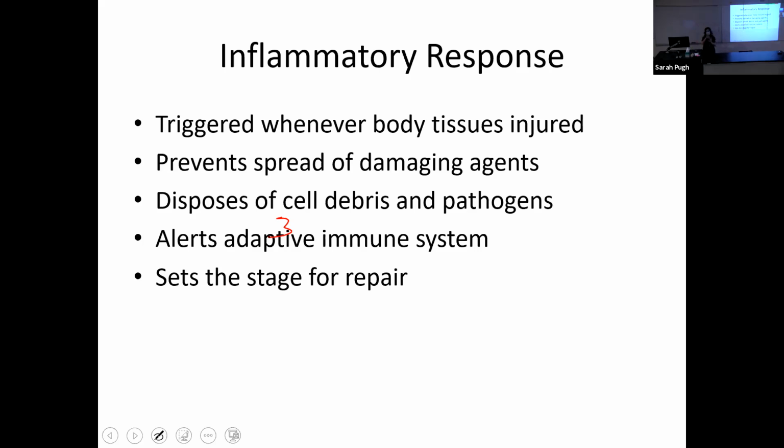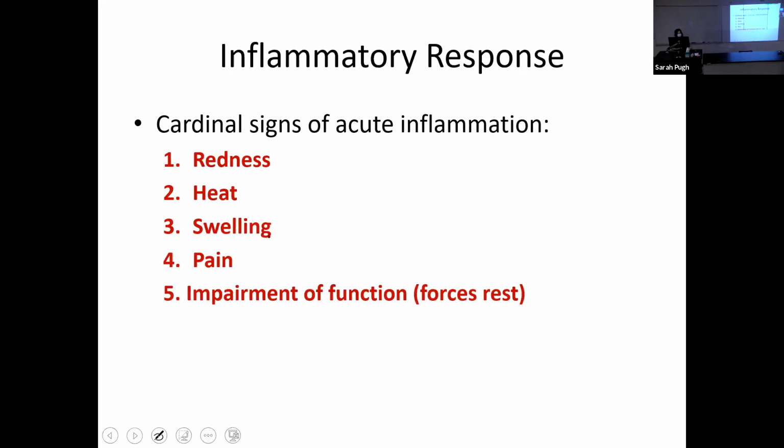Okay, so they're activated at about the same time. This also is going to help to set the stage for repair. So what is the inflammatory response? The inflammatory response is when you damage your tissue, it gets red and swollen and inflamed and it hurts. That's all part of the inflammatory response.